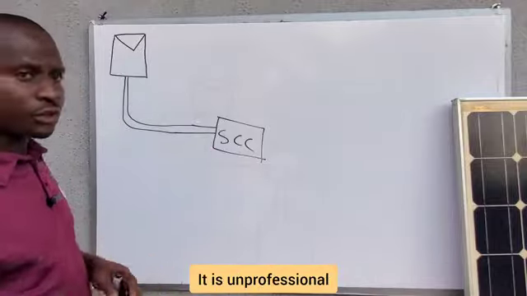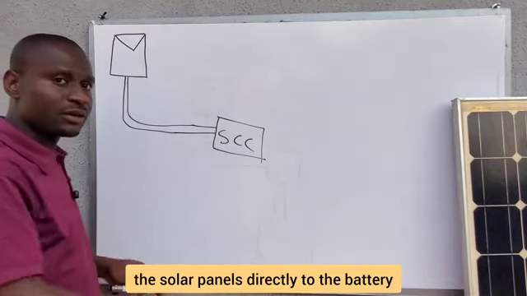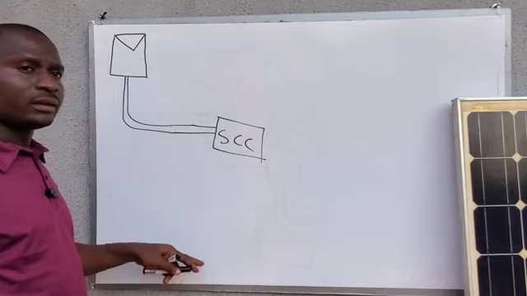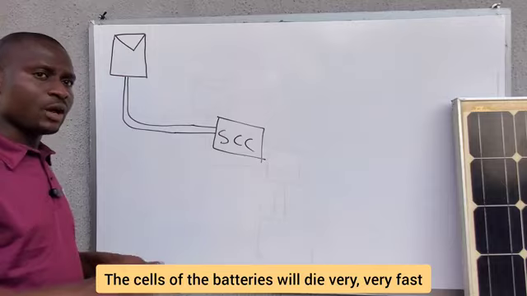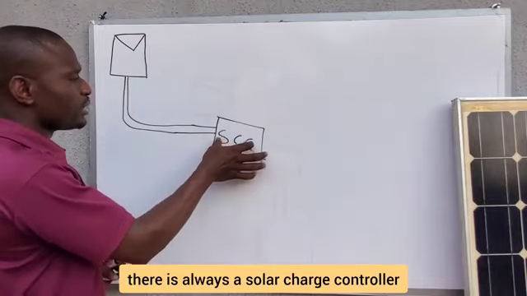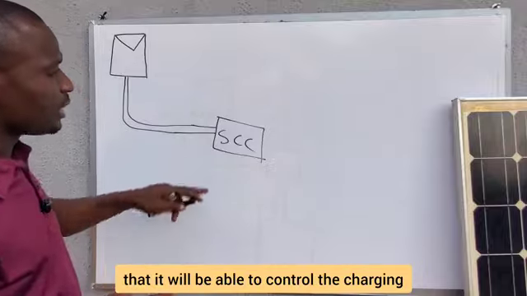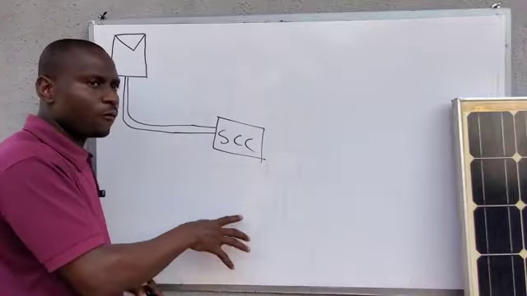It is unprofessional and a very bad practice to connect the solar panels directly to the battery. It will kill the cells of the battery; the cells of the batteries will die very, very fast. So in every solar installation, there is always a solar charge controller. You must install a solar charge controller so that it will be able to control the charging of your battery.